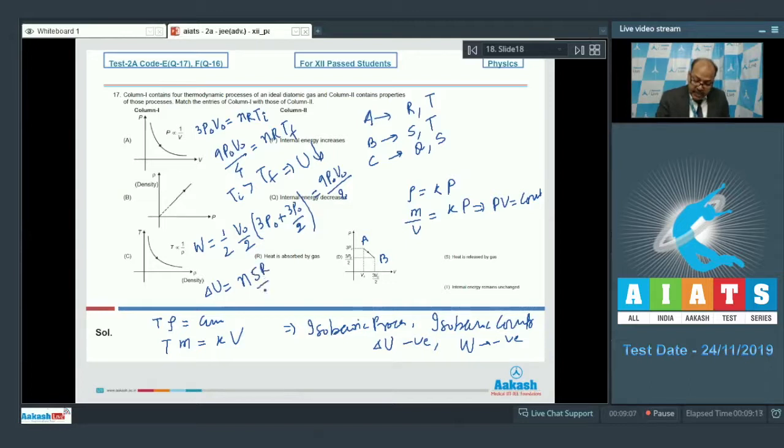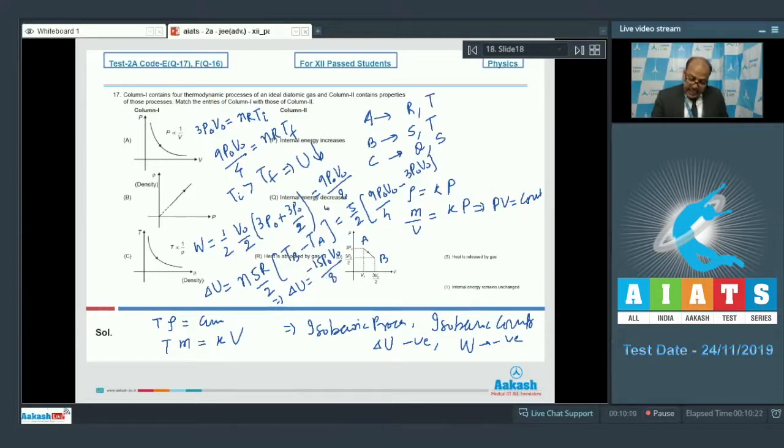So n into 5R by 2 into Tb minus Ta, or Tf minus Ti, and this is equal to 5 by 2 into nR T_B, or nR T_F, we have seen is 9 P0 V0 by 4, and then nR T_I or nR T_A will equal 3 P0 V0, which means delta U is equal to minus 15 P0 V0 by 8.